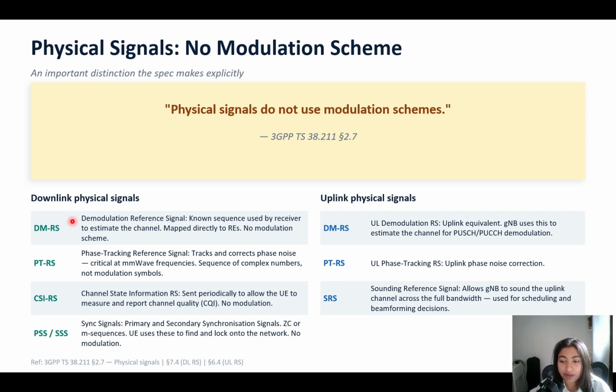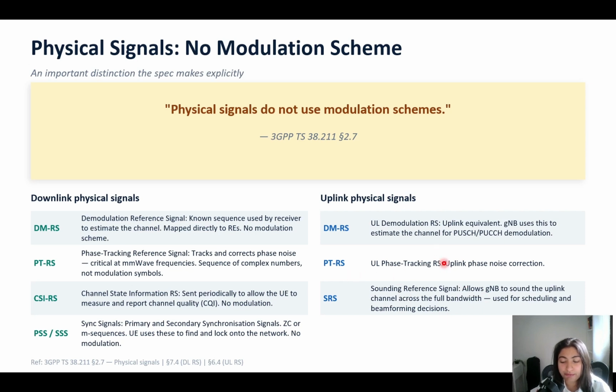The receiver knows exactly what complex numbers the transmitter sent on the specific resource elements for DMRS. So by comparing what it receives versus what it expects, it can estimate the channel and how the propagation environment distorted the signal. The channel estimate is then applied to the data resource elements to demodulate the actual symbols.